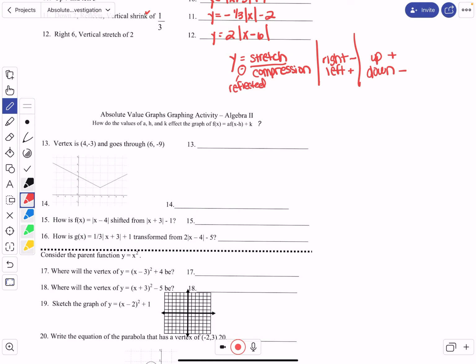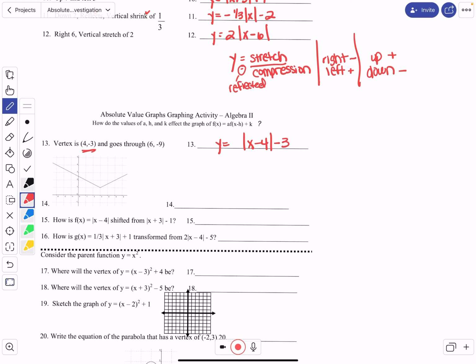Okay, so if our vertex is at 4, -3, and it goes through 6, 9, then the first thing that we would do is, remember we said that we can use the vertex to help us get H and K, okay? So we have X minus 4, because that was the opposite for X, and then minus 3.